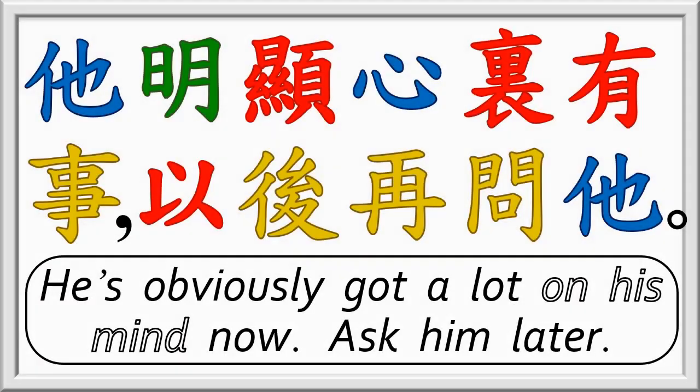心里 refers to what's on your mind or in your heart of hearts. Be careful not to confuse this expression with the homophone just learned, 心理 meaning one's psychology or mental state. The context will make clear which character is intended. 他明显心里有事，以后再问他。He's obviously got a lot on his mind right now.